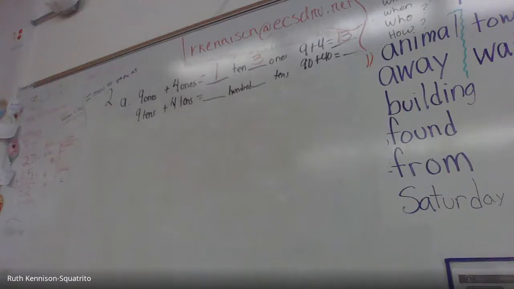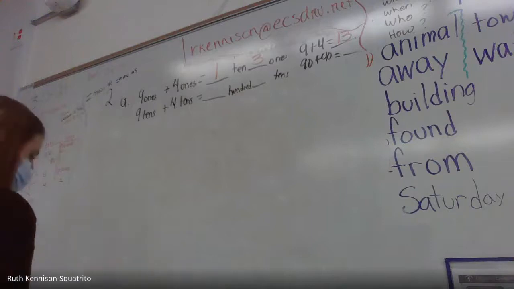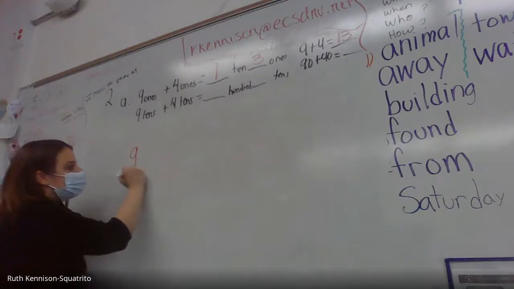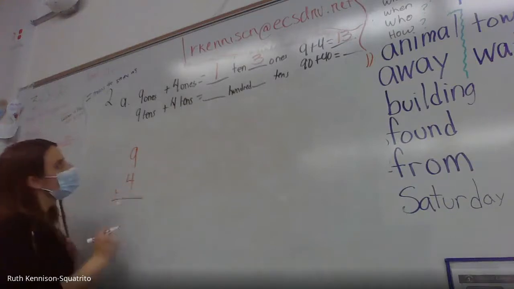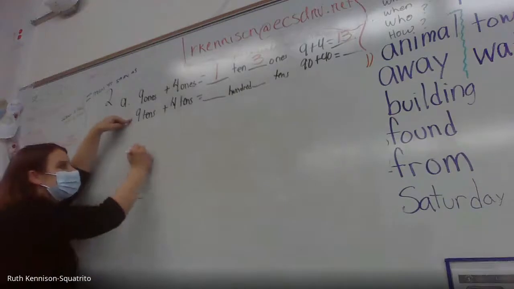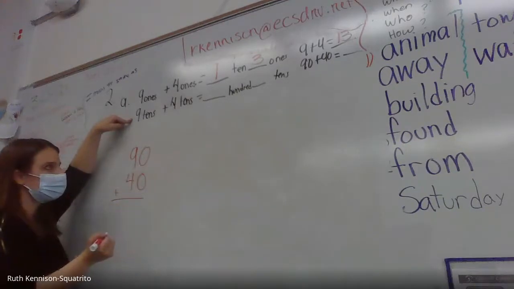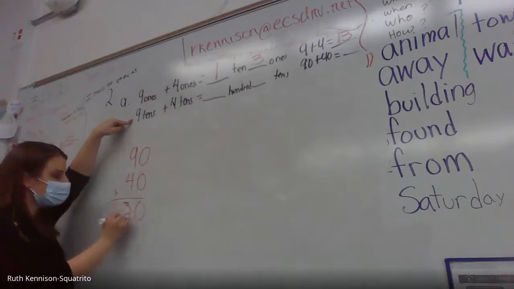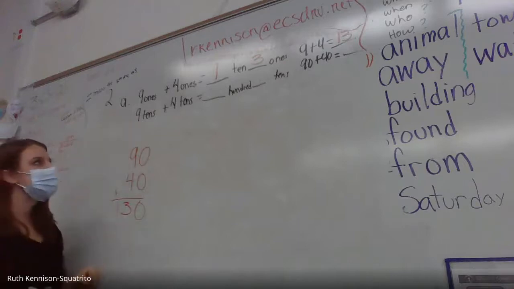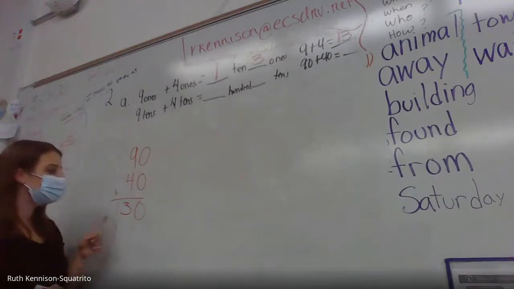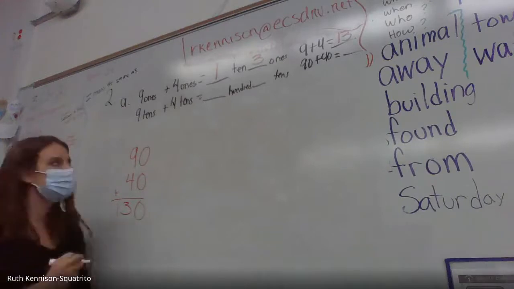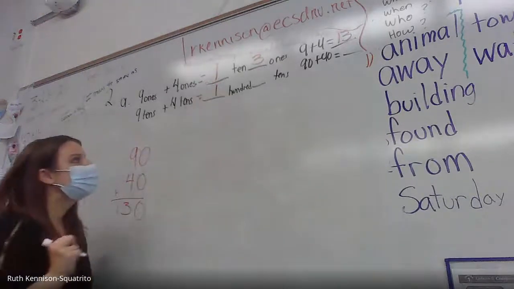Okay. All right. So we already did 9 plus 4 equals 13. And now 9 tenths, we just add a 0 to each of those, right? So that's 0. We already said 9 plus 4 equals 13. Okay, so how many hundreds are in 130? How many hundreds? 1. Amy, yes. There's 100. And how many tens?